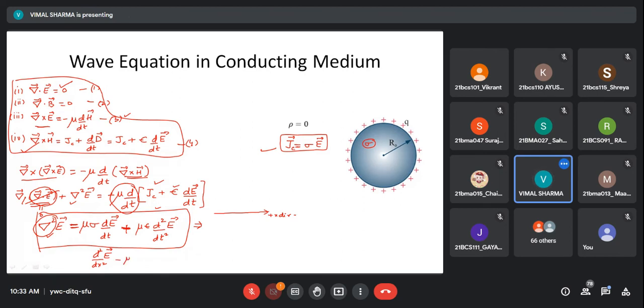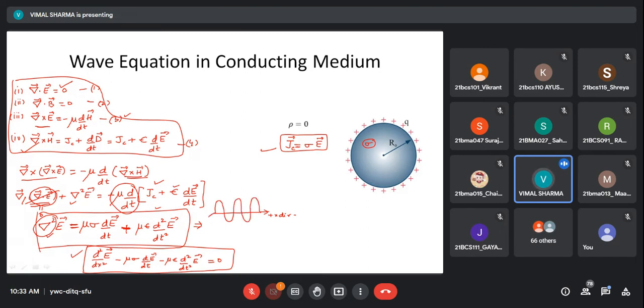That is minus mu sigma d by dt of electric field E minus mu epsilon double derivative of electric field with respect to time equals 0. This is the wave equation for an electromagnetic wave which is traveling along x direction.